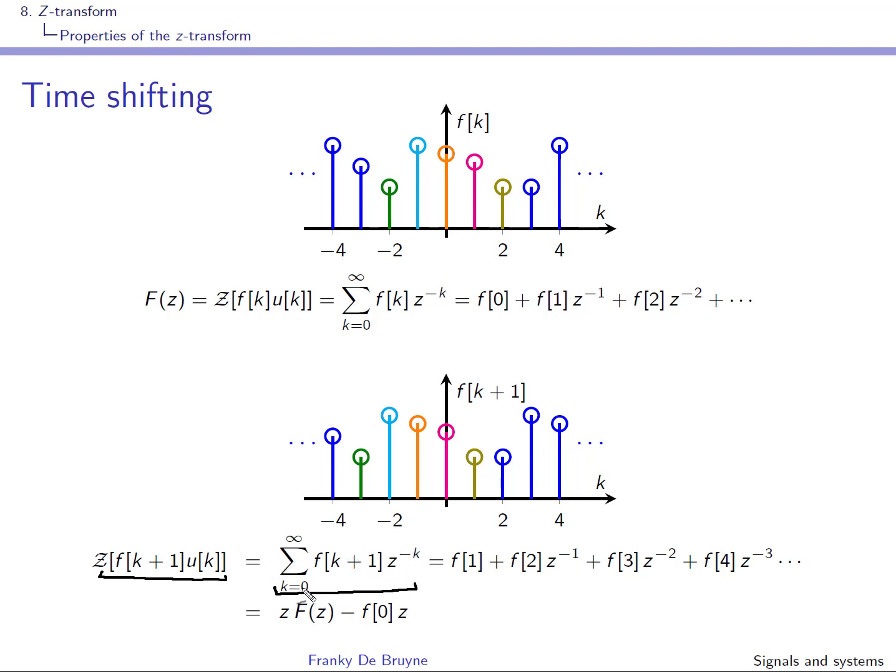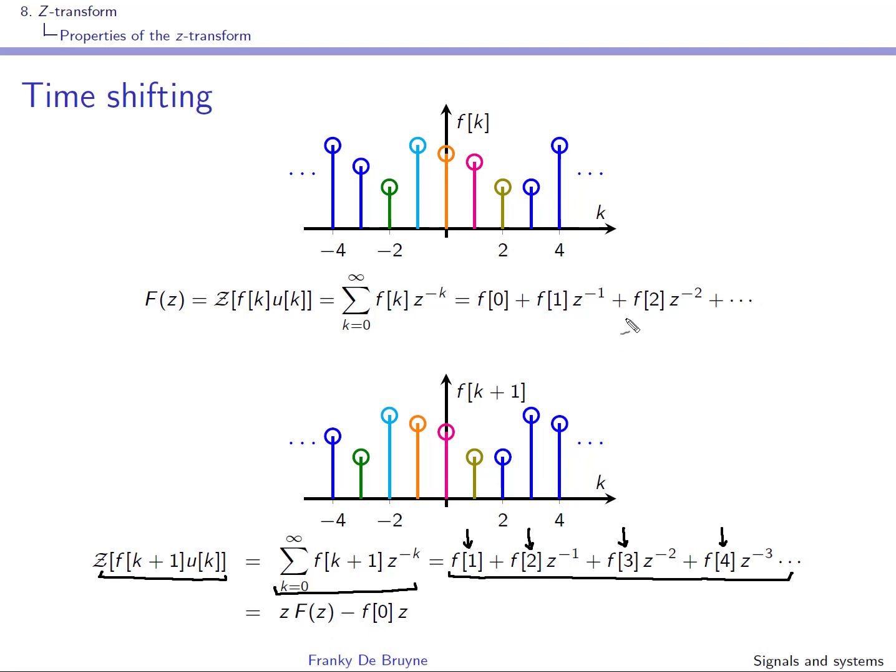So again, we consider all the terms. The term that corresponds to k is equal to 0, k is equal to 1, k is equal to 2, and k is equal to 3, and of course you can continue, right? So you can kind of see that you can obtain this thing here from what is over here by simply multiplying by z.